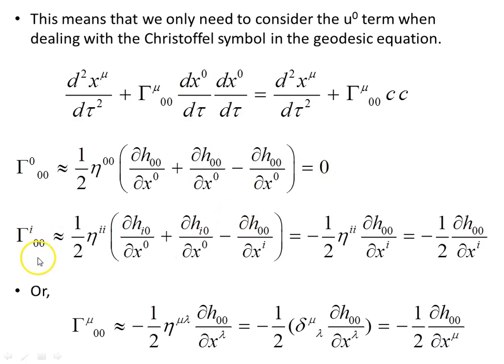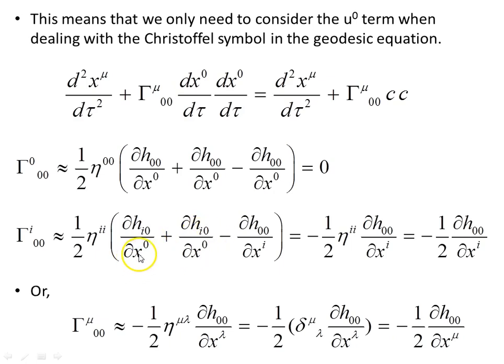But down here, when we look at 0, 0, but now i, that's not the time component now, this is the spatial component. Here is a half eta ii, meaning both the same, because if you remember the eta Minkowski metric is a diagonal metric, so ii there.